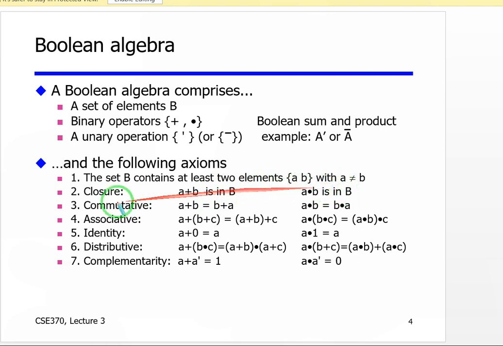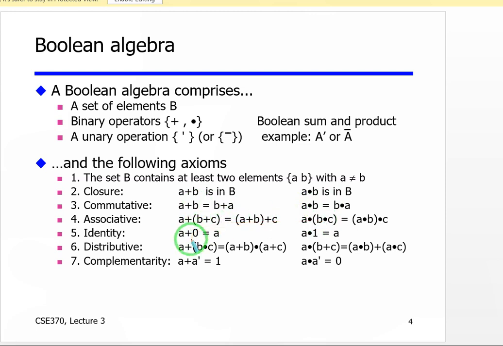Closure: a plus b is in B, a dot b is in B. Commutative property: a plus b is equal to b plus a, and a dot b is equal to b dot a. Associative property: a plus b plus c is equal to a plus b plus c. So this is the commutative property with respect to addition and multiplication, and the associative property with respect to addition and multiplication.